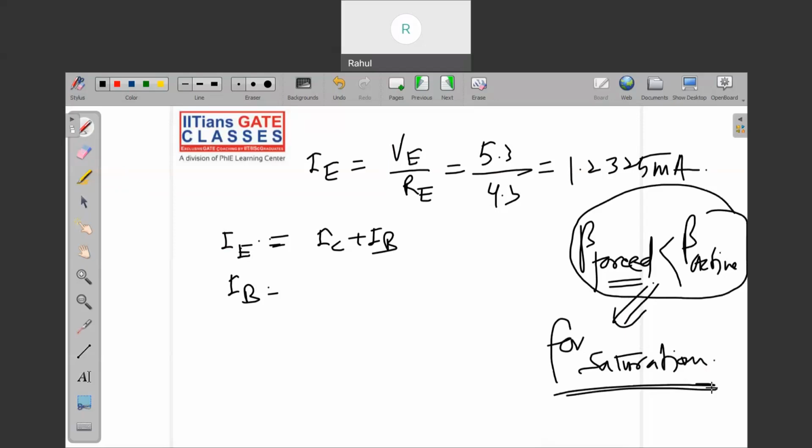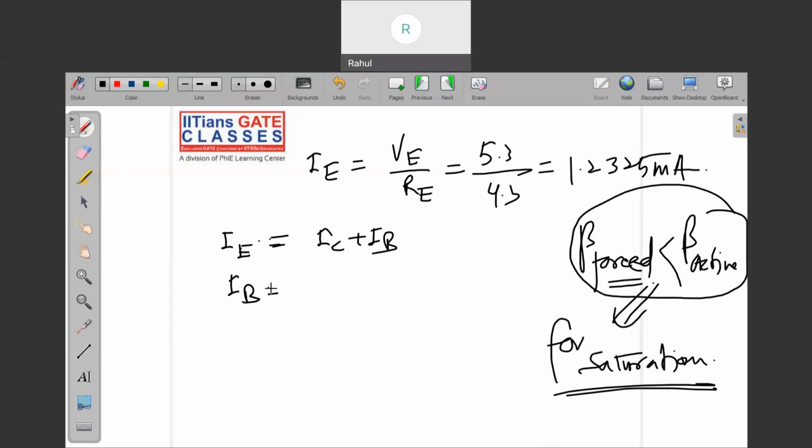A smart way of solving the question is, in the examination they will give you the value of resistance and the potential across each junction in such a way that you will not require any calculator. I'm taking the values slightly different. Otherwise you will get 1 milliampere and you can solve without a calculator.